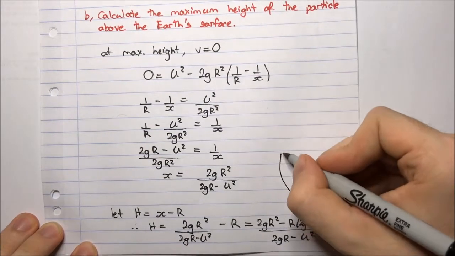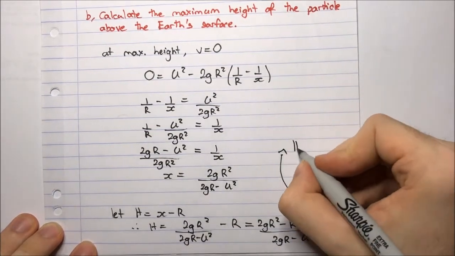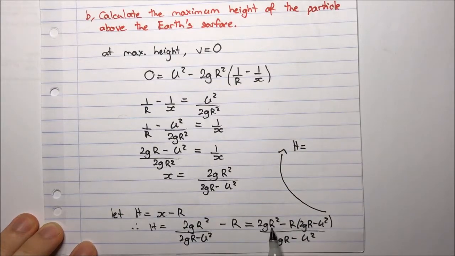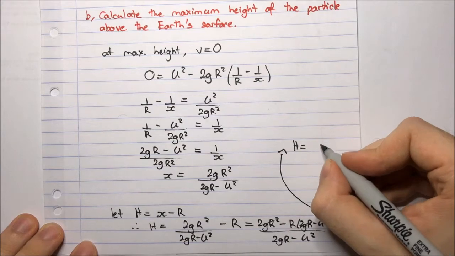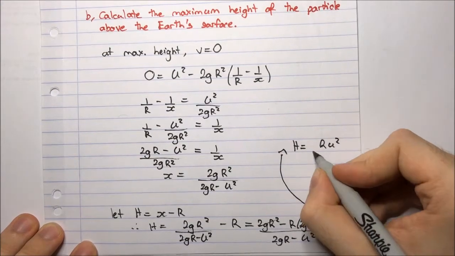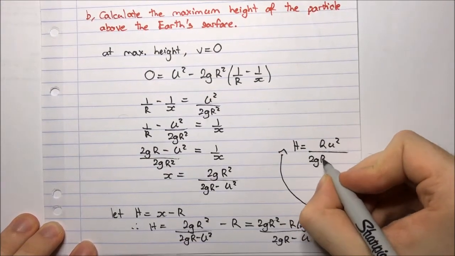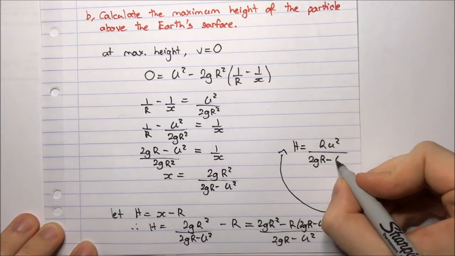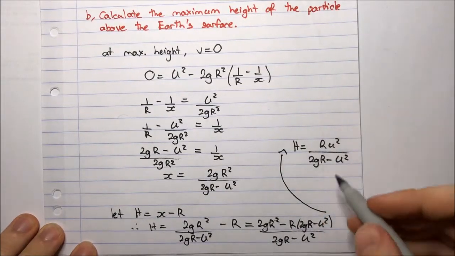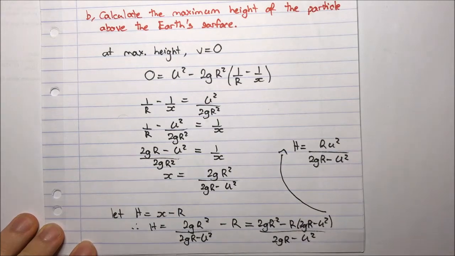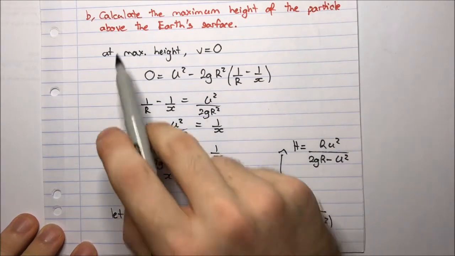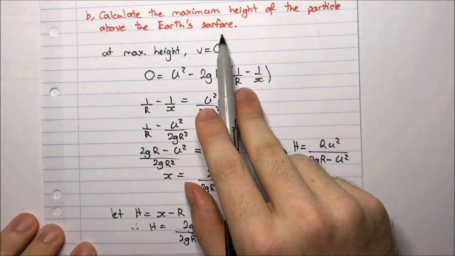And h is going to be equal to, if I simplify the top here, this term will be cancelled with this term times R, and I'll be left with negative R times negative u squared, which is Ru squared over 2gR minus u squared. And this is the expression for the maximum height of the particle above the Earth's surface.